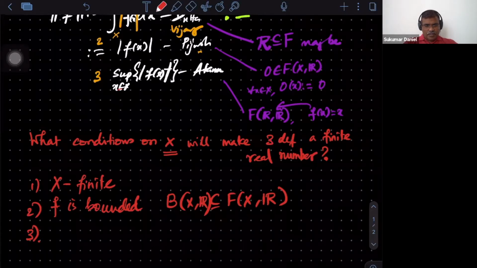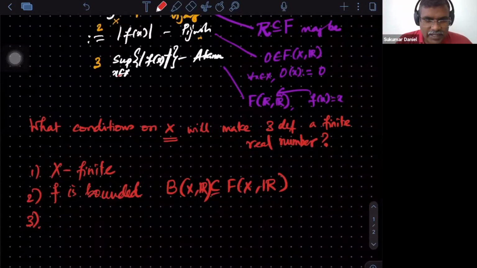Good. Half of you are saying no. Good. There is an evident example, whatever we did, f of x equal to x. It's such a nice continuous function, but again, this third definition doesn't make sense. Okay. But there are some other answers.